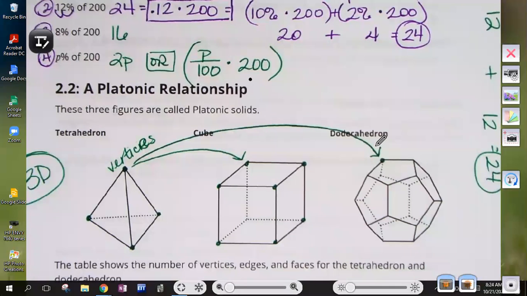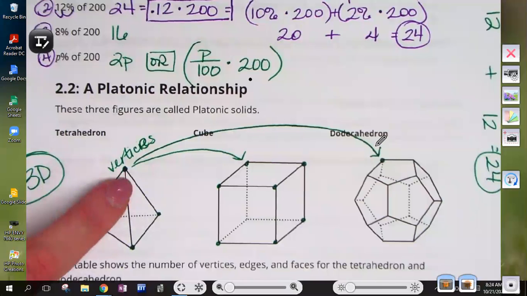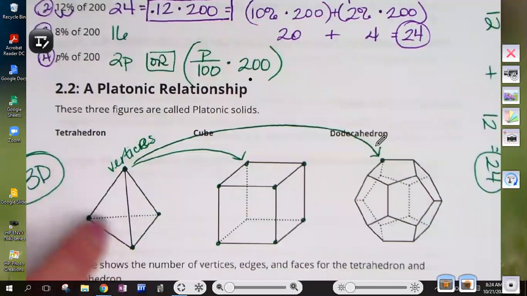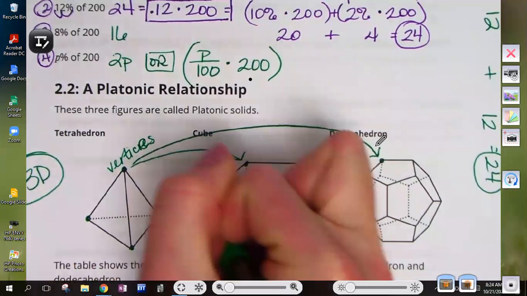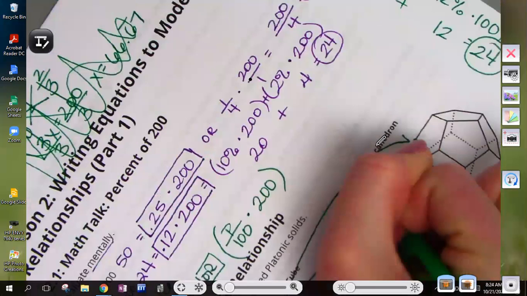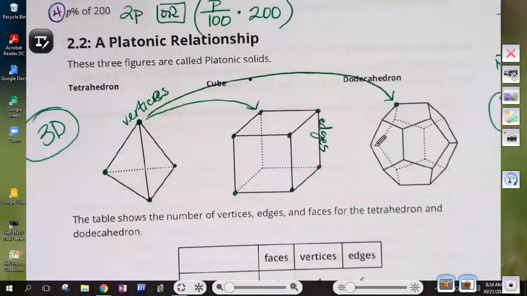But these and edges the same one. No, the vertices, these are the vertices. And then you said they all have these right here, edges. Yeah. Good. All right, so all of these shapes have edges. Okay, good.